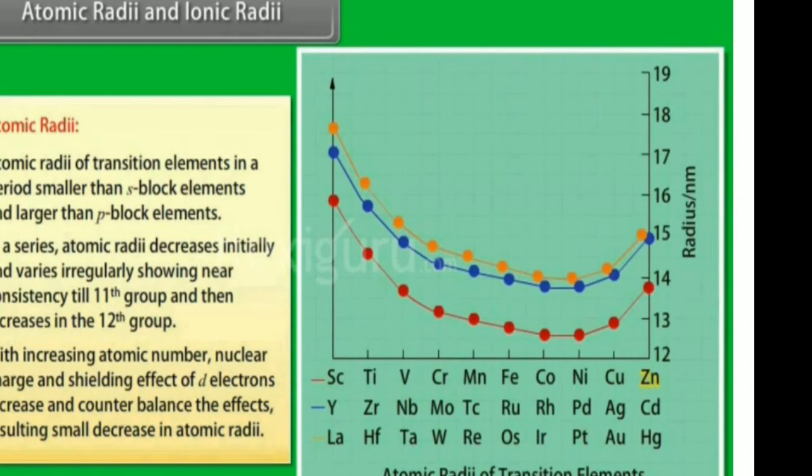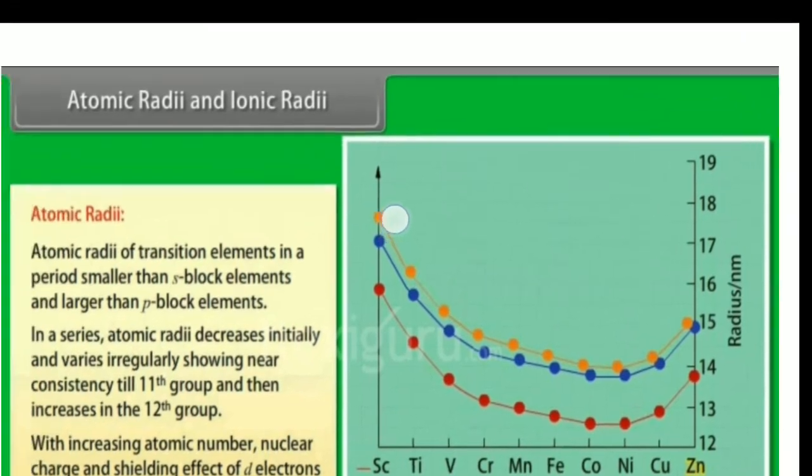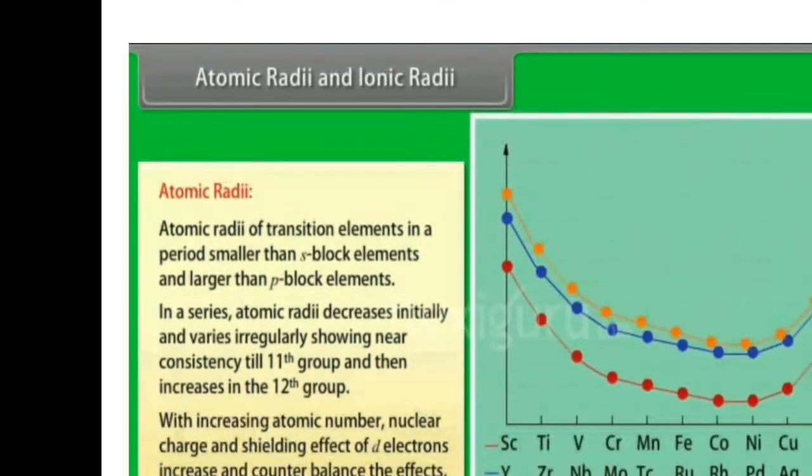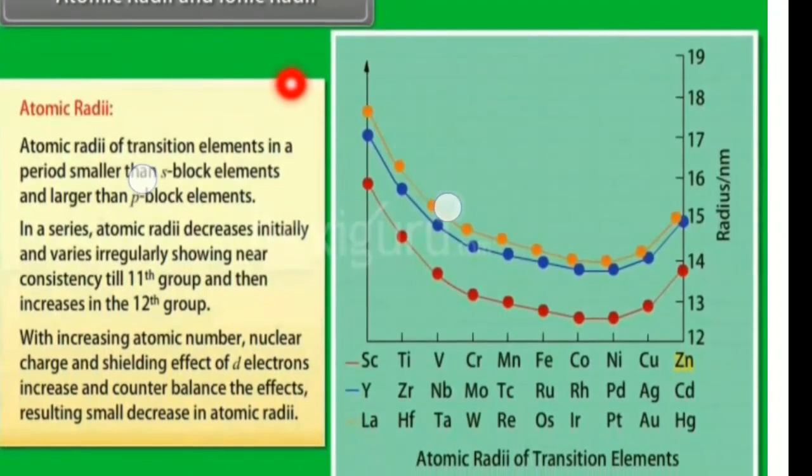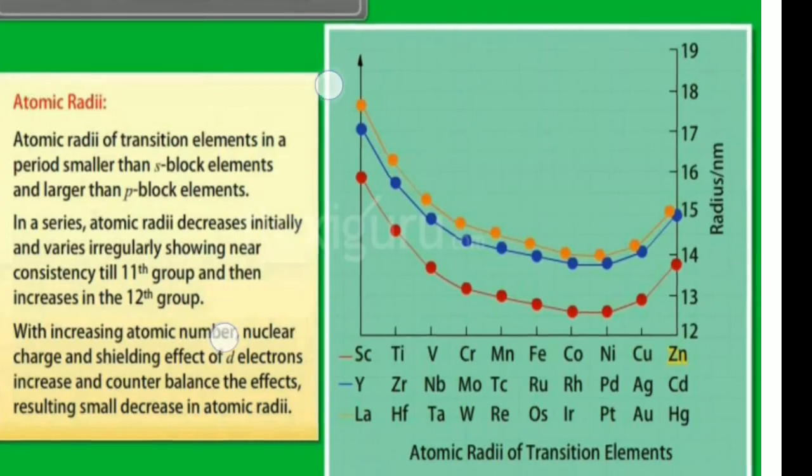Then the lanthanum series yellow line indicates that in this series also the atomic radius gradually decreases and then slightly increases. So this is about the atomic radii of D block elements.